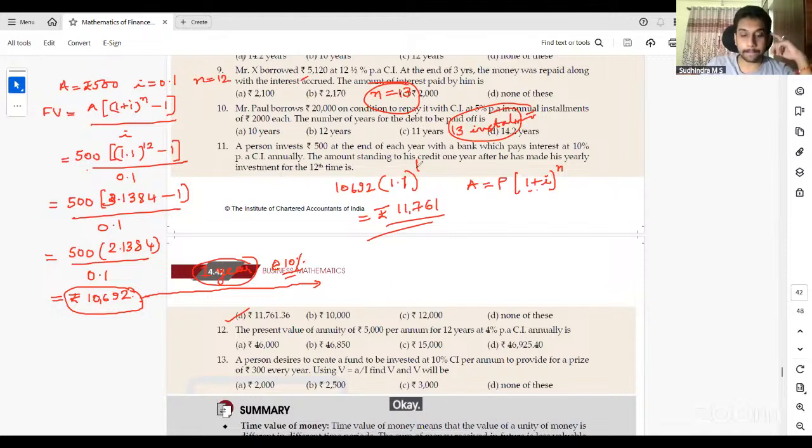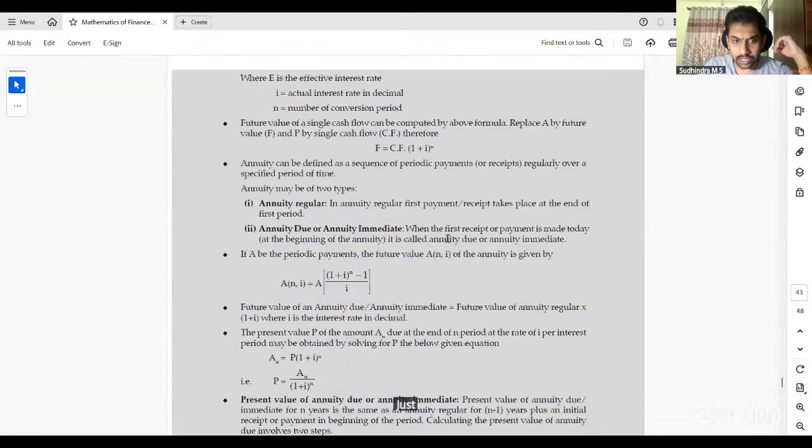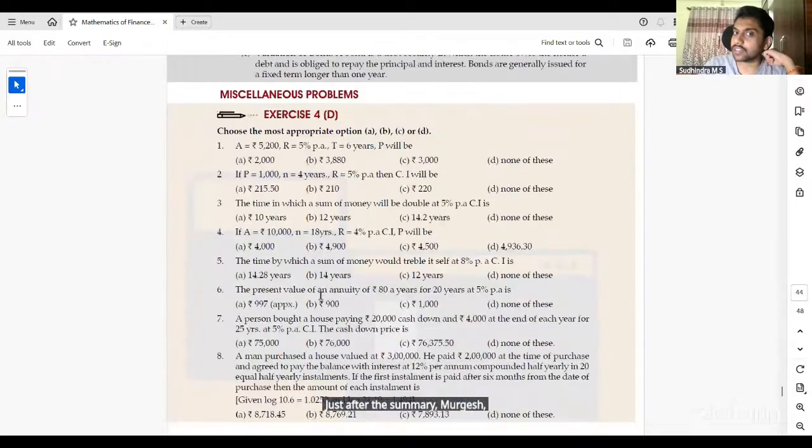Did we complete it? Yes, sir. Perfect. So if that is the case, we have one more exercise here. Just after the summary, come to miscellaneous problems, exercise 4D.